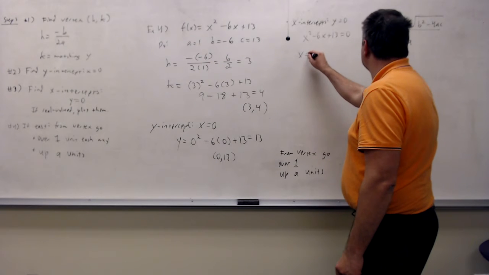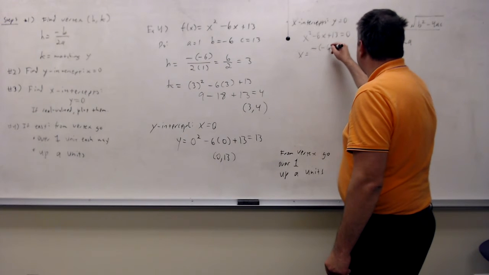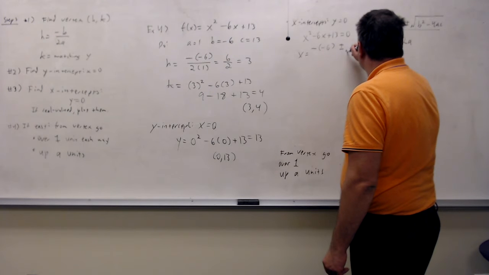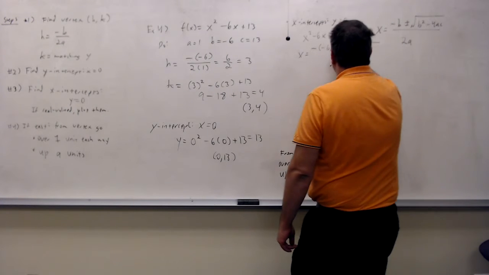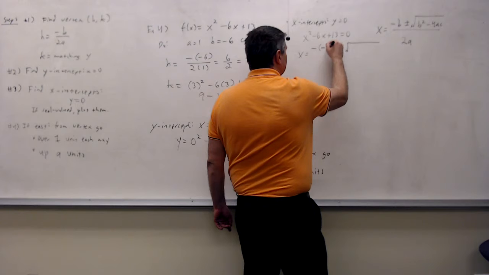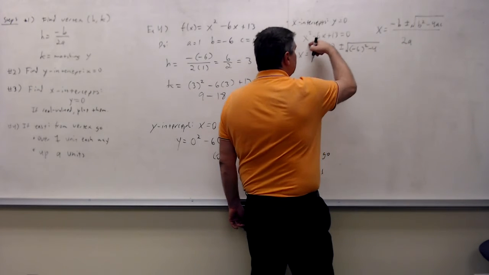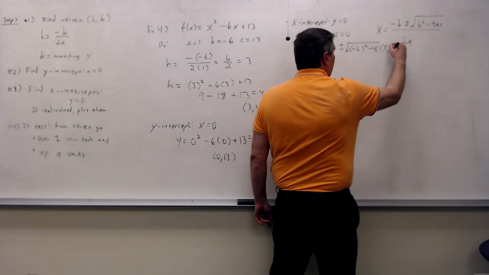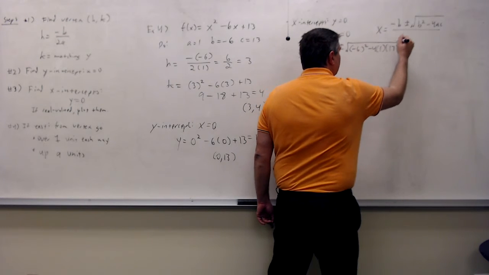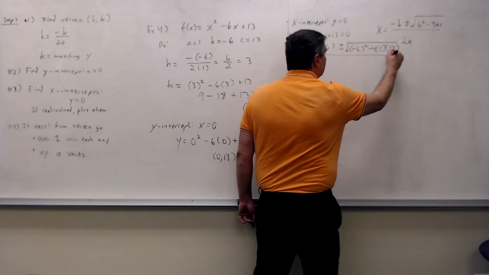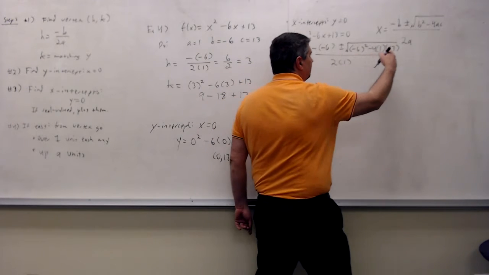So x equals -6 plus or minus the square root of -6 squared minus 4 times 1 times 13 all over 2 times 1.